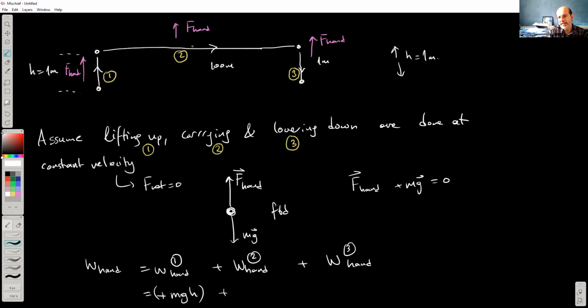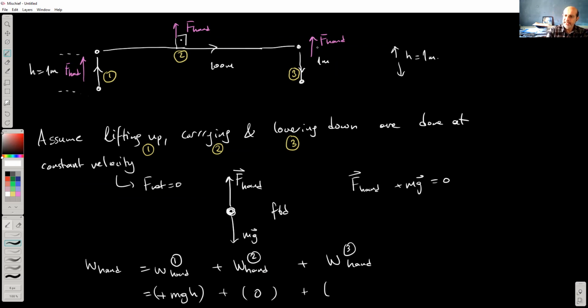So when I'm carrying it, the force is still lifting it up, but it is moving in the horizontal direction. The displacement and the force are perpendicular to each other, so that angle is 90 degrees. And therefore the work done is equal to 0 in such a situation.